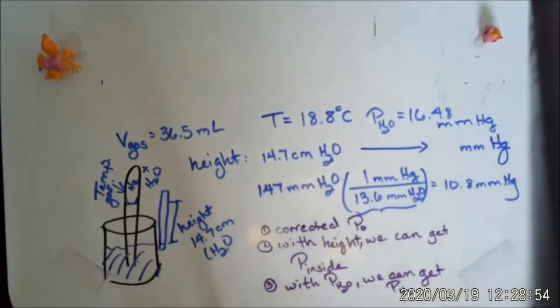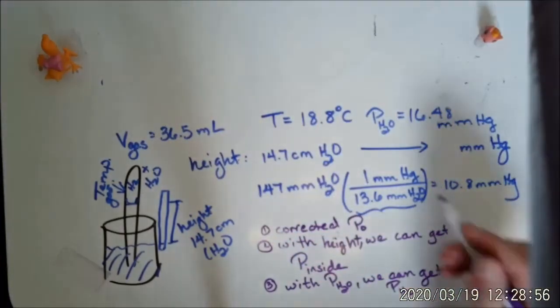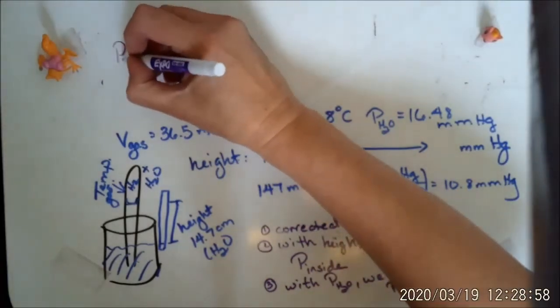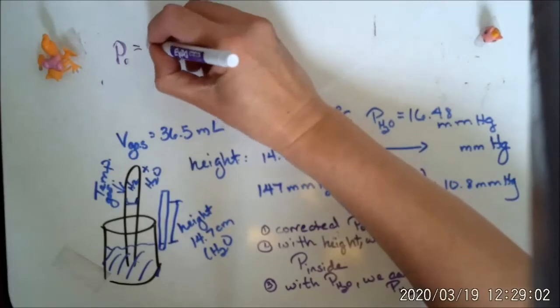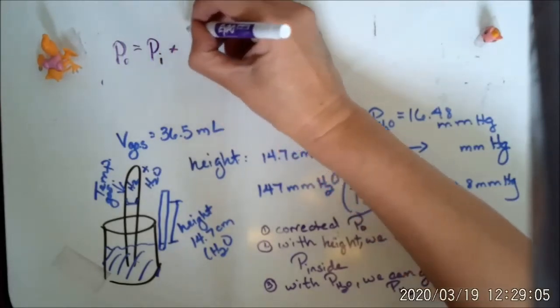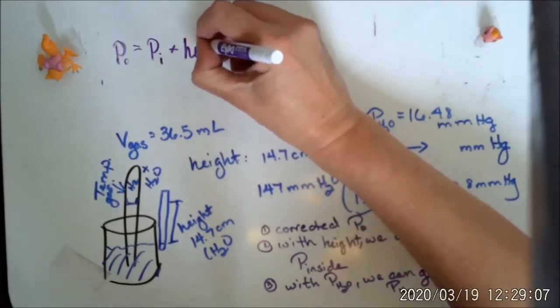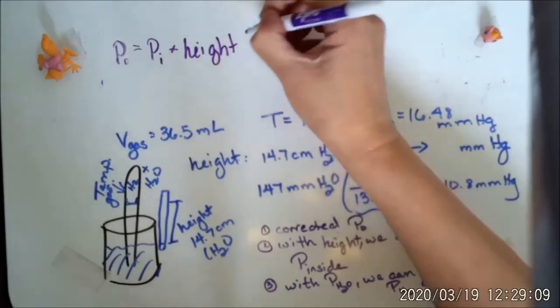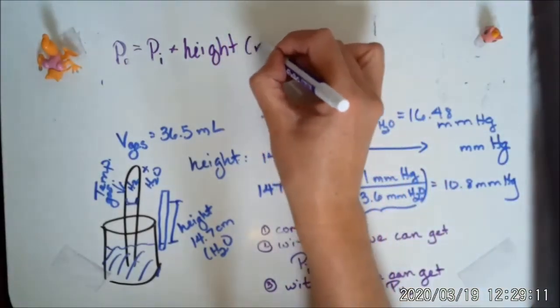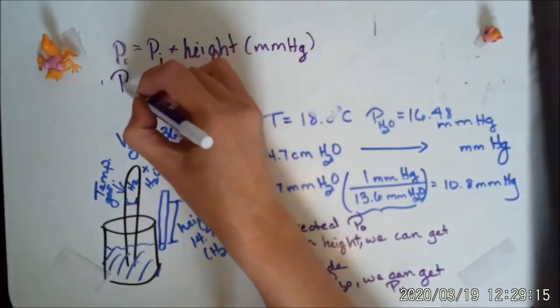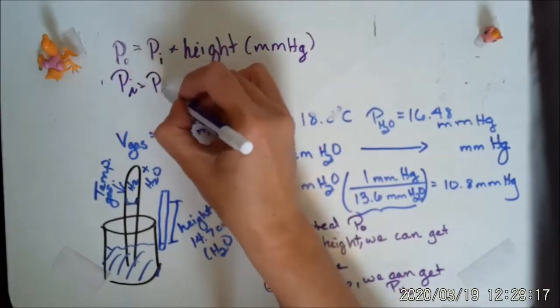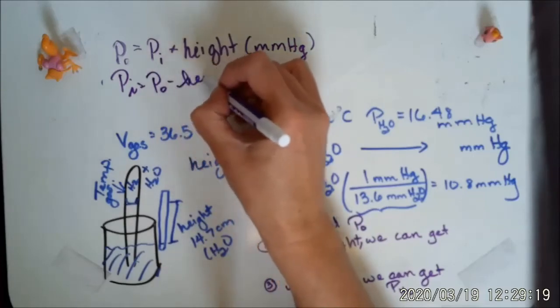So, the corrected pressure outside is equal to the pressure inside plus the height. All of this is going to be in millimeters mercury. So, my pressure inside is equal to P0 minus my height.